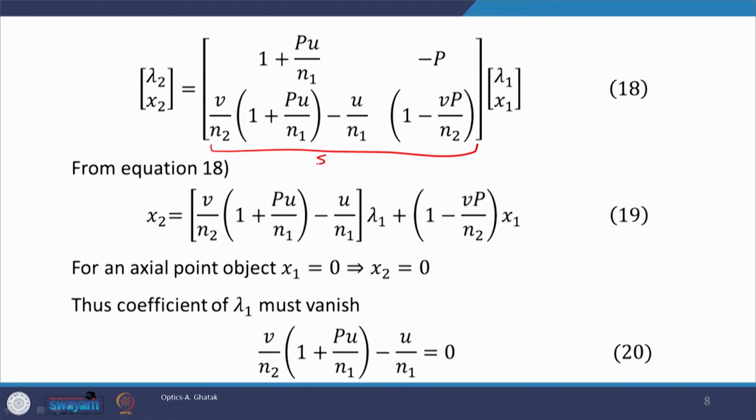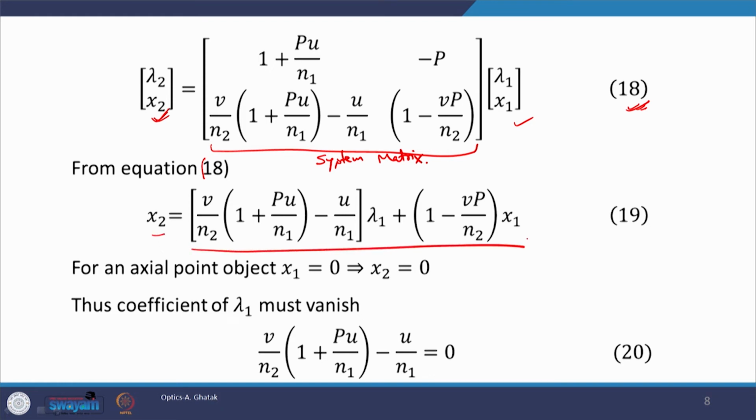This is your system matrix. Now, the system matrix relates the coordinates at point O with the coordinates at point I, the image point. Now, we will expand equation number 18 for the expression of x2, and then we will get this.